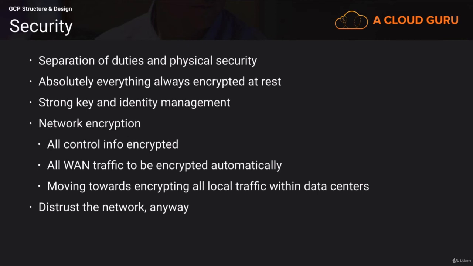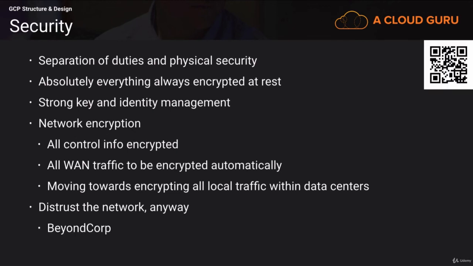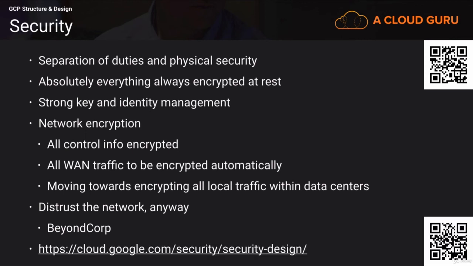This is following the security best practice of defense in depth, having layers of security. And Google's developed a whole security model called BeyondCorp that shifts access controls from the network perimeter to individual devices and users. This can allow employees to work securely from any location without needing a VPN. You can read more about how Google has designed security into the Google Cloud Platform at this link here.